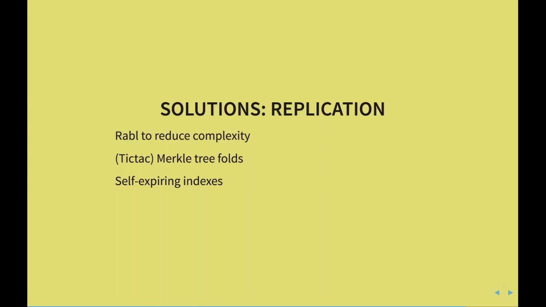I've talked a bit about tic-tac Merkle tree folds, and we see that as being a big part of how we would compare state of clusters. And we're looking at how we can get that to work so we can compare the state of two Riak clusters, but also potentially the state of a Riak cluster and the same data stored in a different database as well.